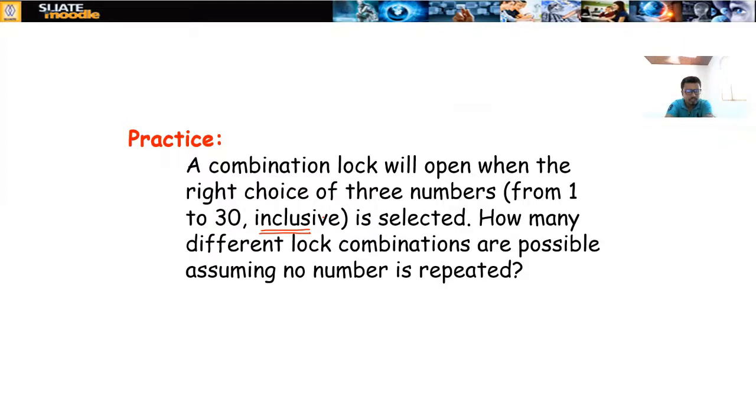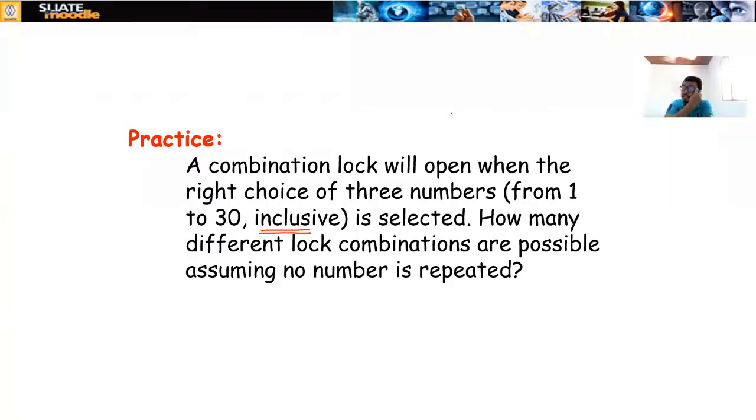How can we decide whether it is permutation or combination? What they are doing, whether they are arranging the stuff or selecting the stuff. Do we consider the order or we are not considering the order? Do we consider the order here?